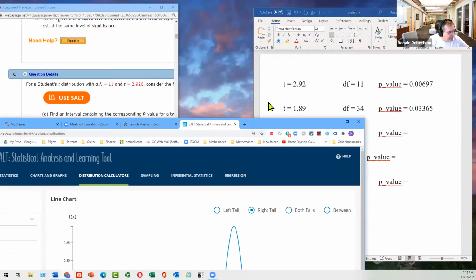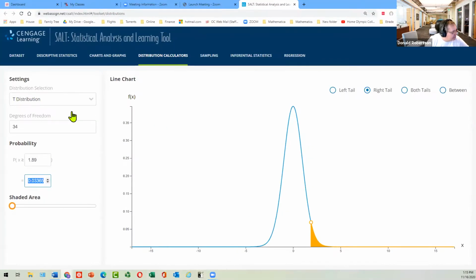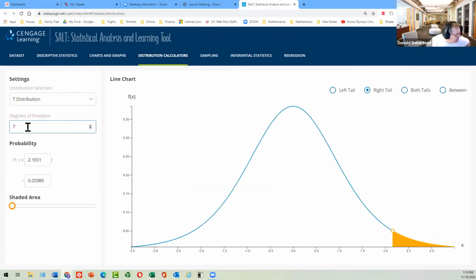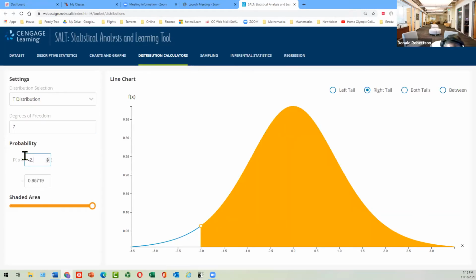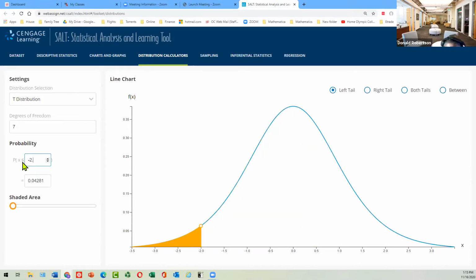Right, the third one, negative 2.59 and 7 degrees of freedom. 7 degrees of freedom. Negative 2.89. Now, when it's negative, don't you want, oops, negative 2.89.